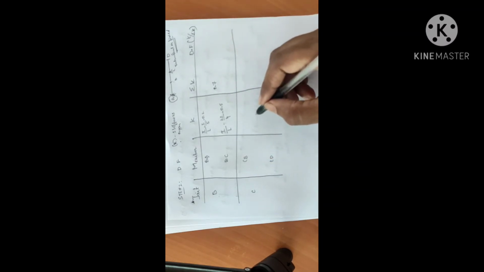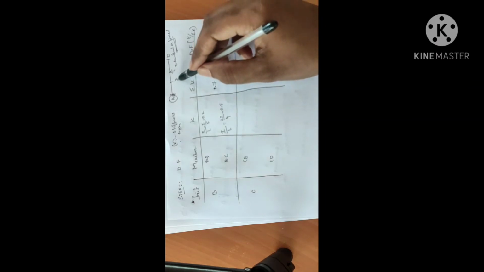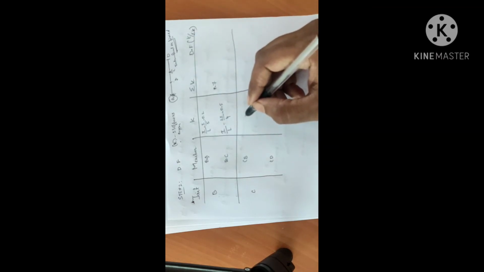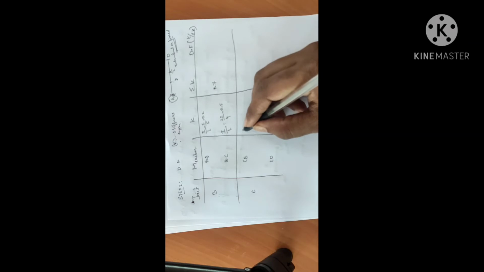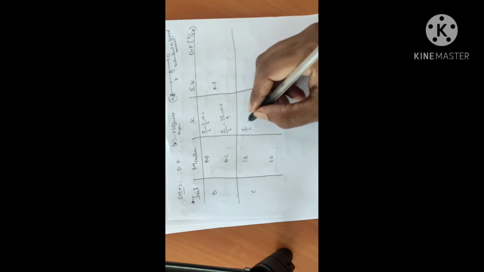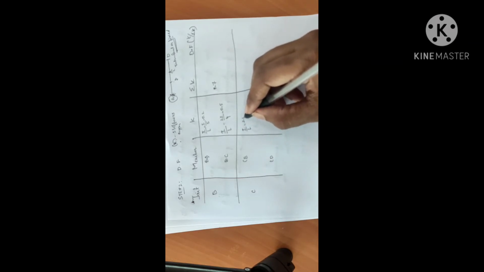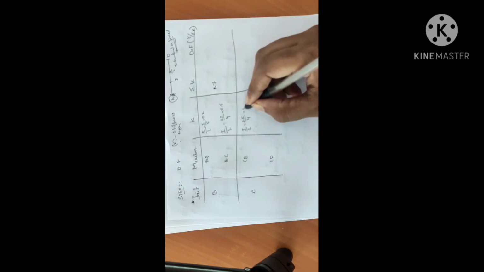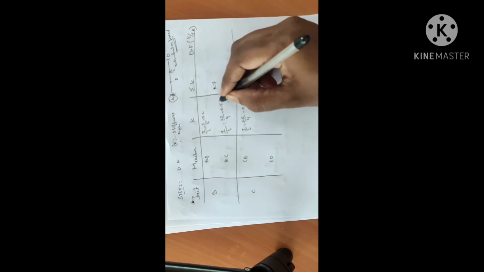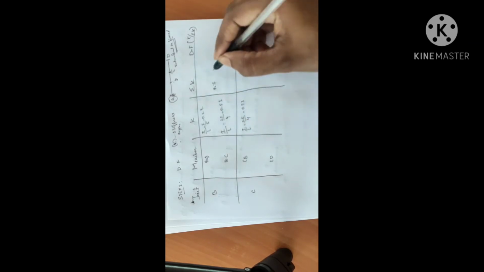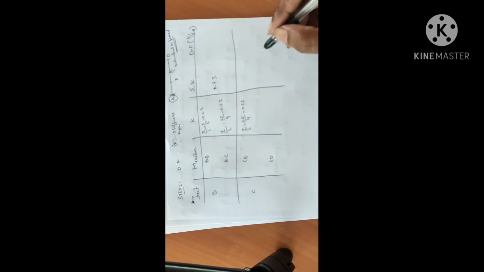Now similarly go for CB. B is again an intermediate joint. When B is an intermediate joint, you will have I by L. For the CB member it is again 2I and the length is 4 meters, so it will become 0.5I. Adding, this gives 0.7I.